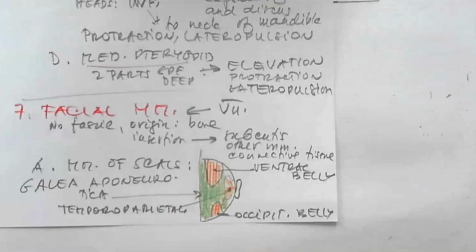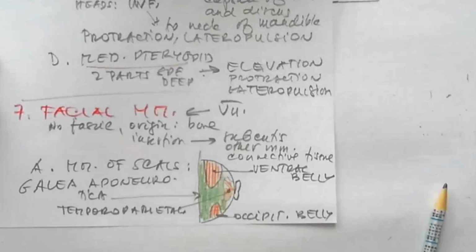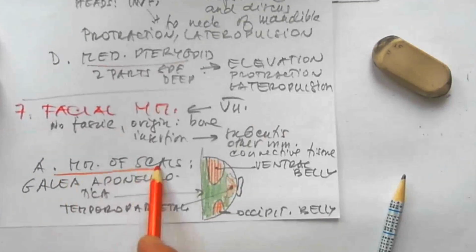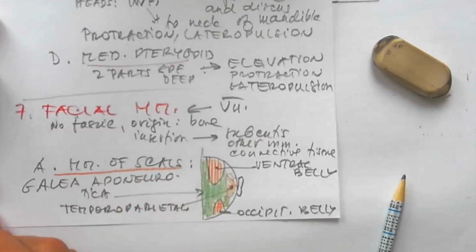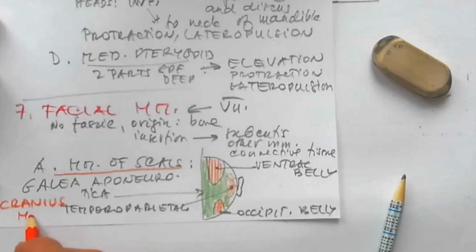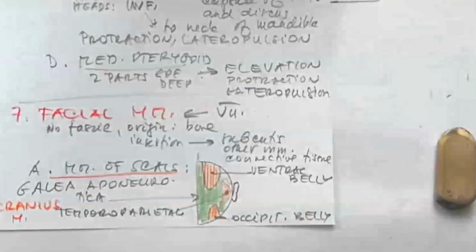Okay, this is quite clear. The general name is muscles of the scalp, and the muscle is the epicranius muscle, musculus epicranius. Good.